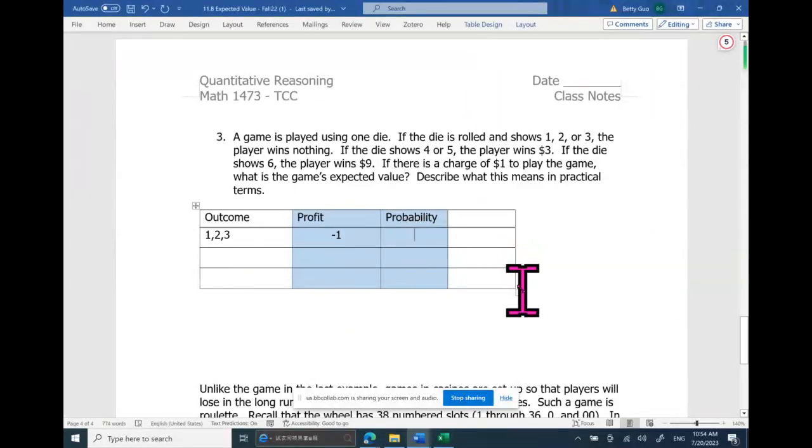Okay, and now probability is half. Do you agree? It is 1 over 2 or 50%, right? Let me write half. Because the probability getting number 1 or number 2 or number 3, if you roll a die one time, is 3 over 6, which is 1 over 2.